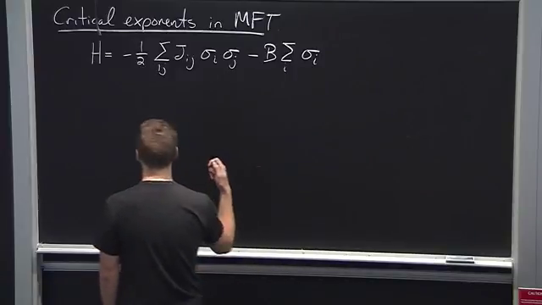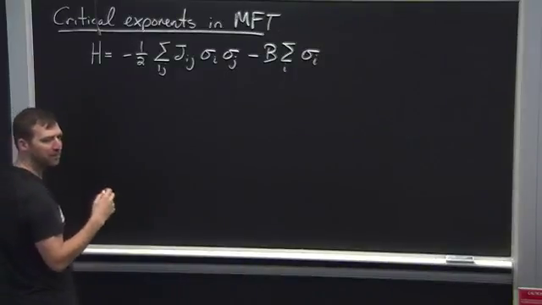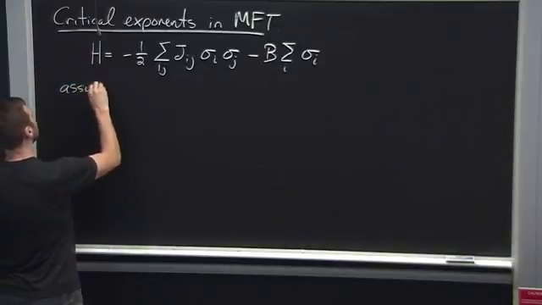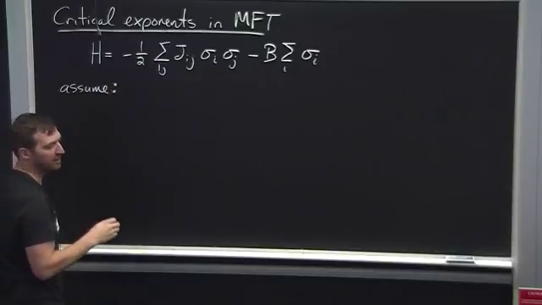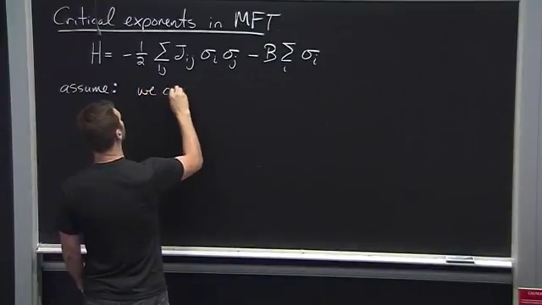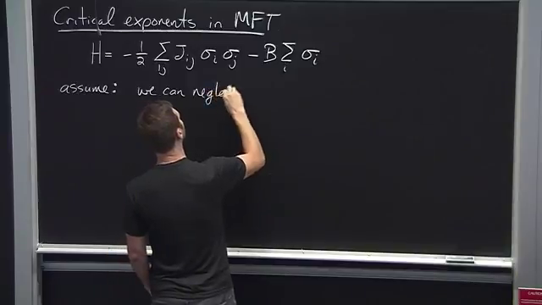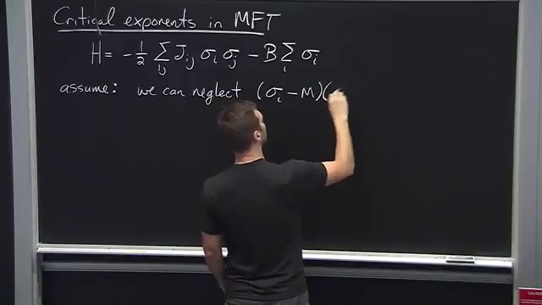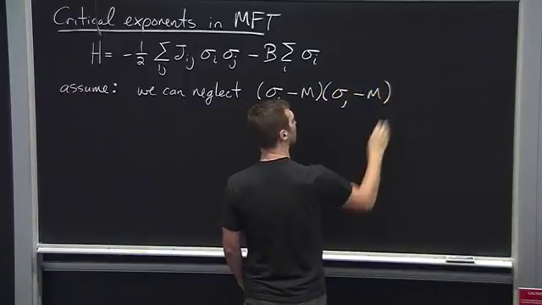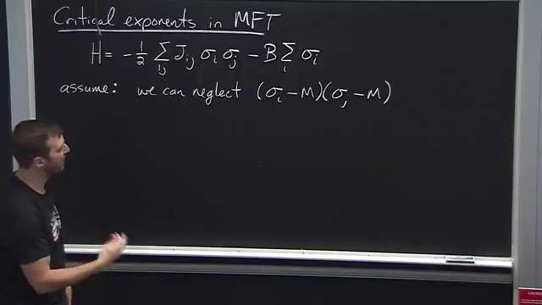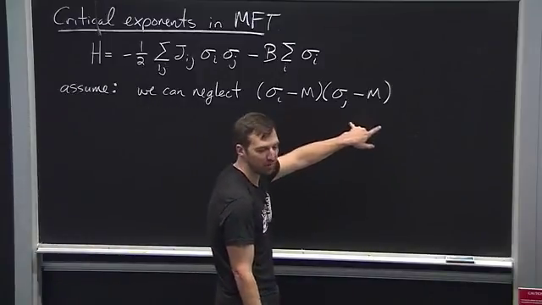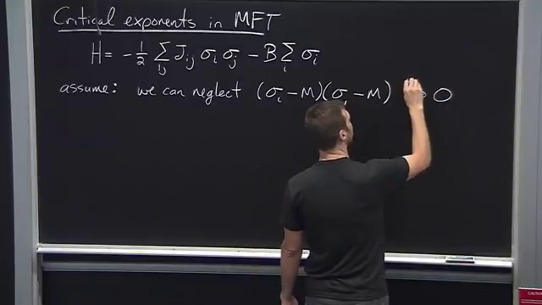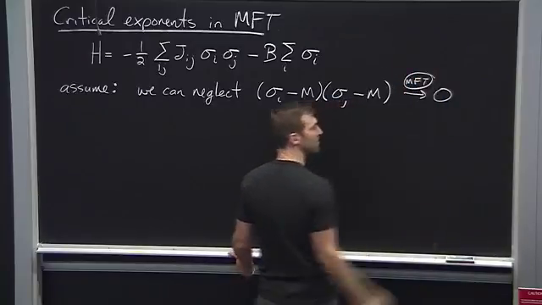And then the crucial assumption of mean field theory, the thing that gave us mean field theory, was assuming that we can neglect fluctuations. And it's fluctuations of the fields around the mean value, which is the order parameter or the magnetization for this Ising model. So we took this to 0. And that defines mean field theory in this context.